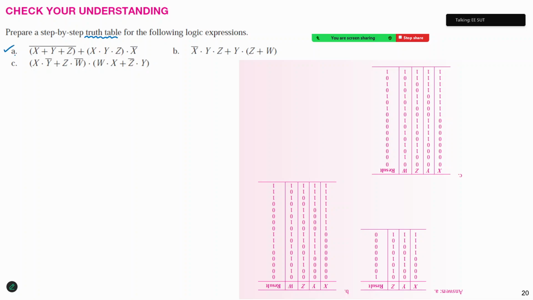For equation A, we have x, y, c, x bar. What does the truth table look like? x, y, c: 0 0 0, 0 0 1, 0 1 0, 0 1 1, 1 0 0, 1 0 1, 1 1 0, and 1 1 1.